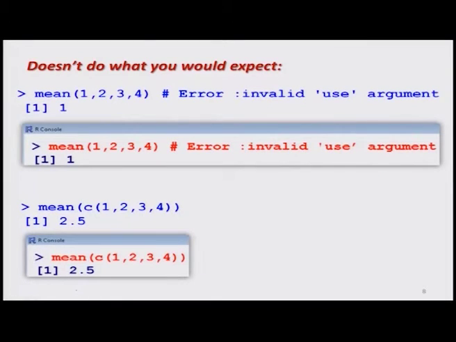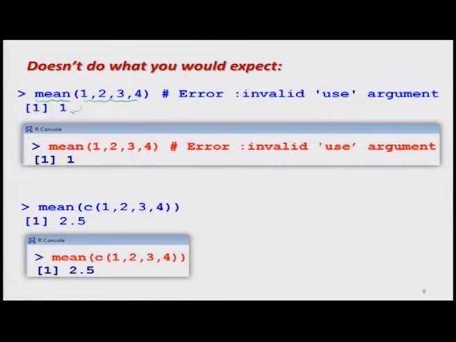Now, in this slide I want to show you an example which many people commonly make. The issue is this: whenever I want to find out the mean, I have to give the values in the format of C, that is a vector, using the command C. But suppose I simply want to find out mean of 1, 2, 3, 4, then still you will get an answer 1.